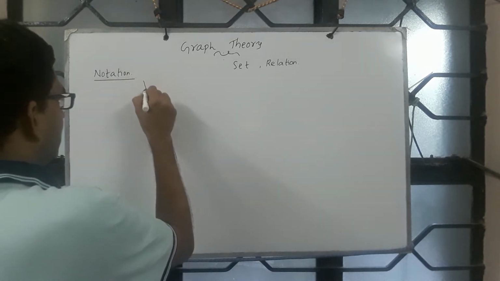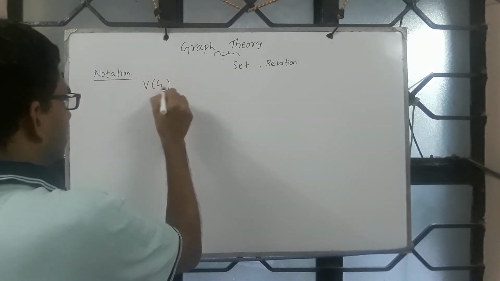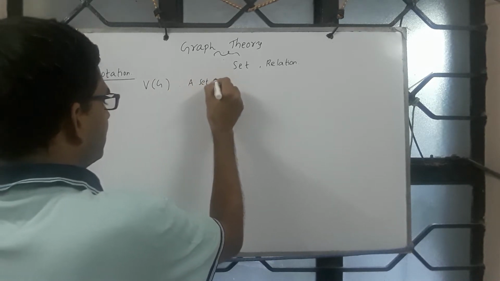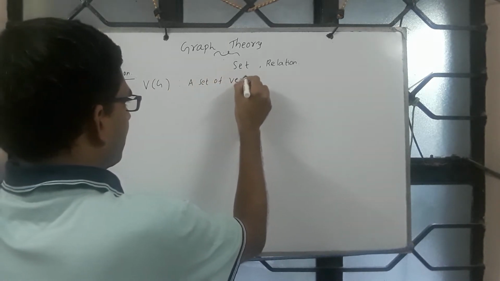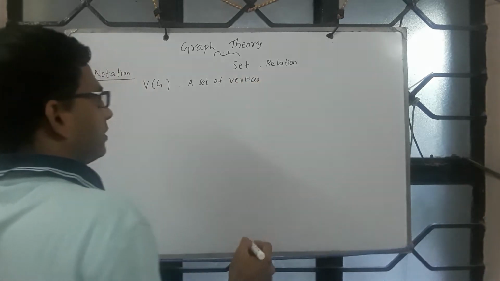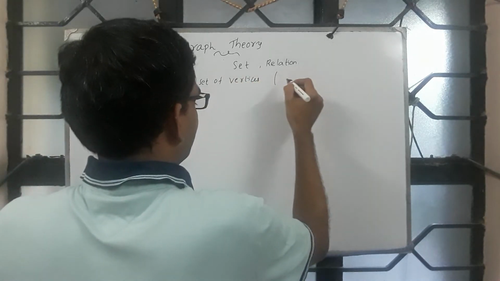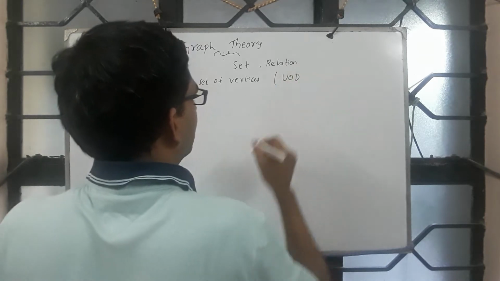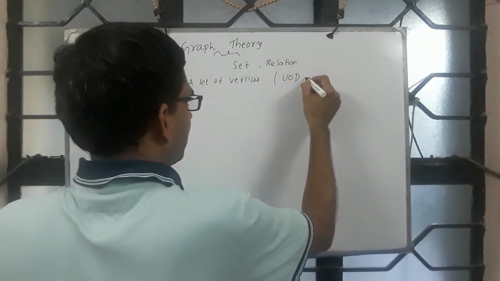So we work with something called V of G. It is a set of vertices. This is our underlying domain. When we started looking at logic, we were saying the universe of discourse or the underlying domain.